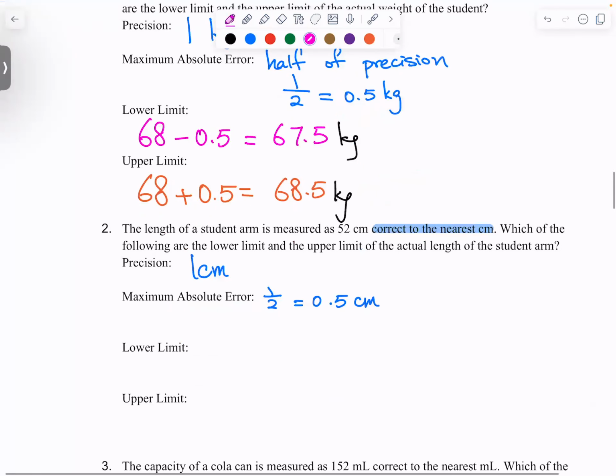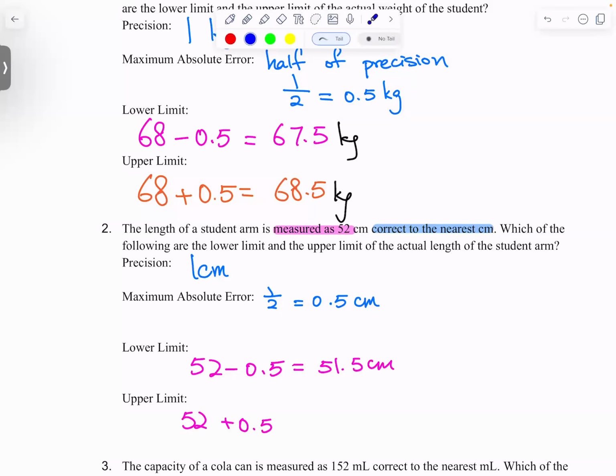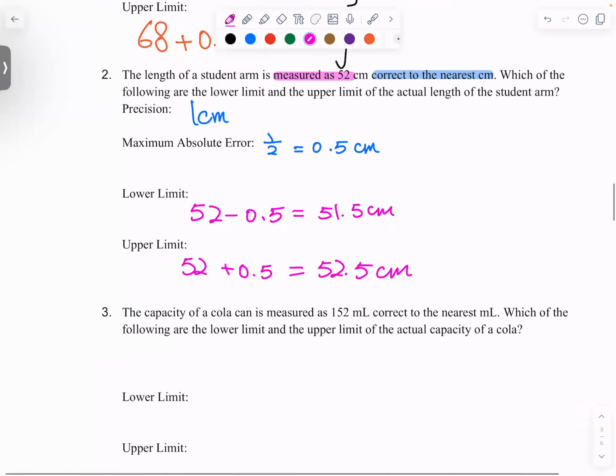Lower limit is your measured minus your MAE. And your upper limit is your measured plus your MAE. Just remember to write the units.